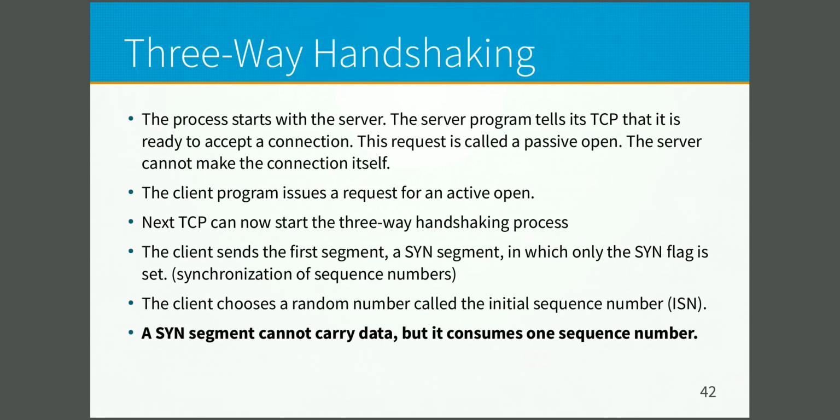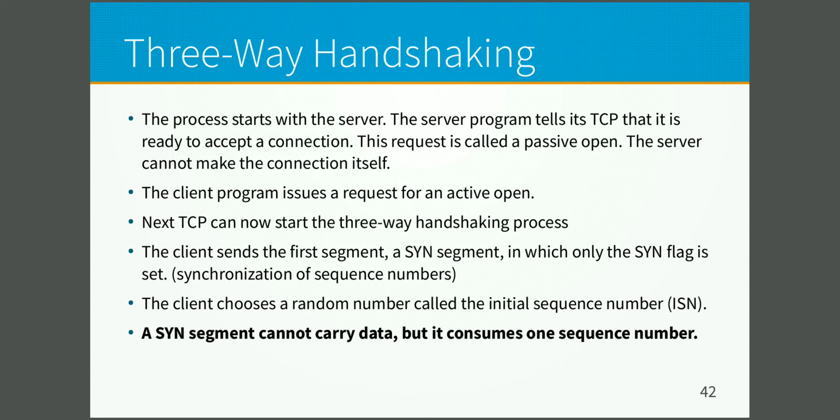So after active open, the client sends a first segment. This segment is called a SYN segment. This segment will not have any payload, it doesn't carry any data. And remember, we discussed that the control field will have 6 different flags.